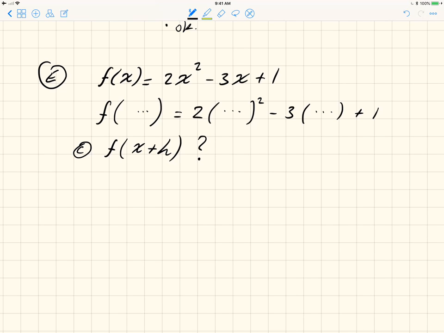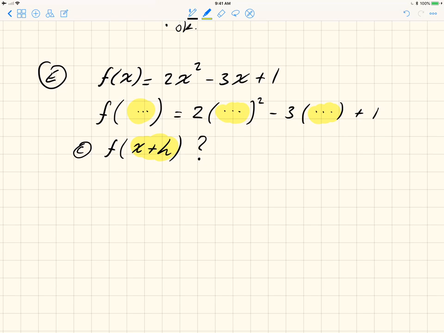So instead of the 3 dots, you just put x plus h in there for every single one of those parentheses. So this part is going to go in here, which is what the question is, and then for your answer, you're just going to put that quantity in here.